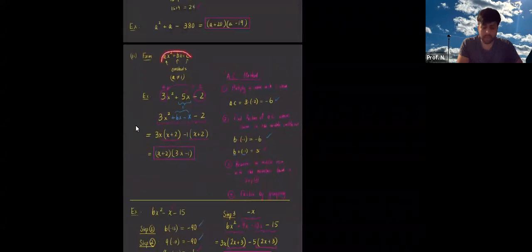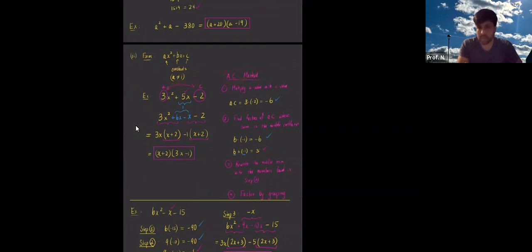Then we went to the more general case, which was ax squared plus bx plus c. That's when the a value, the leading coefficient of x squared, is no longer just a 1. It's a number other than 1. When that happens, we have the AC method, which is a bit more involved.